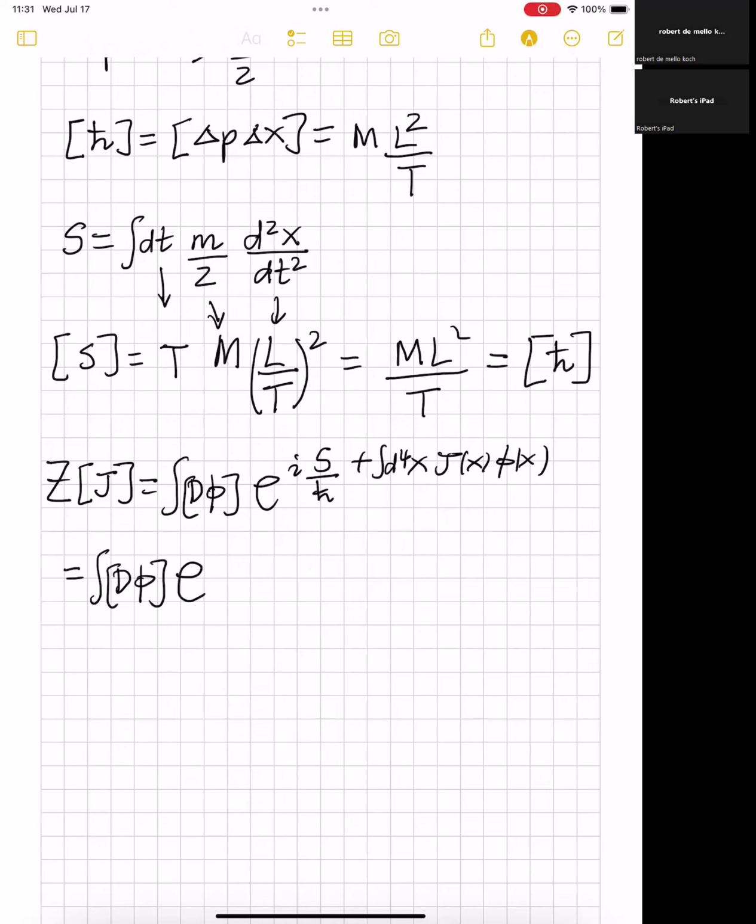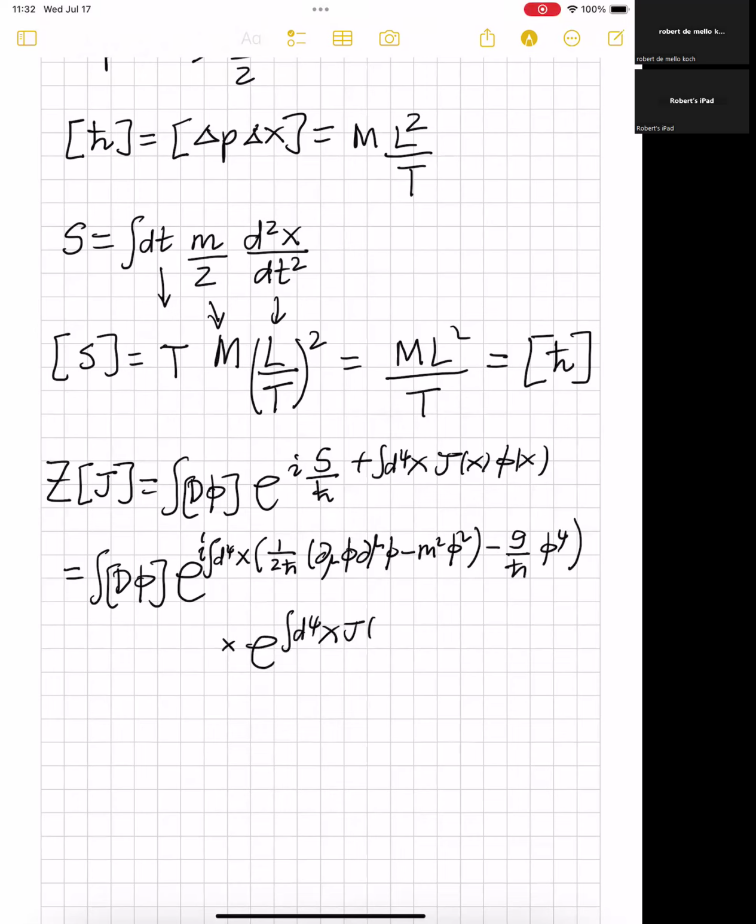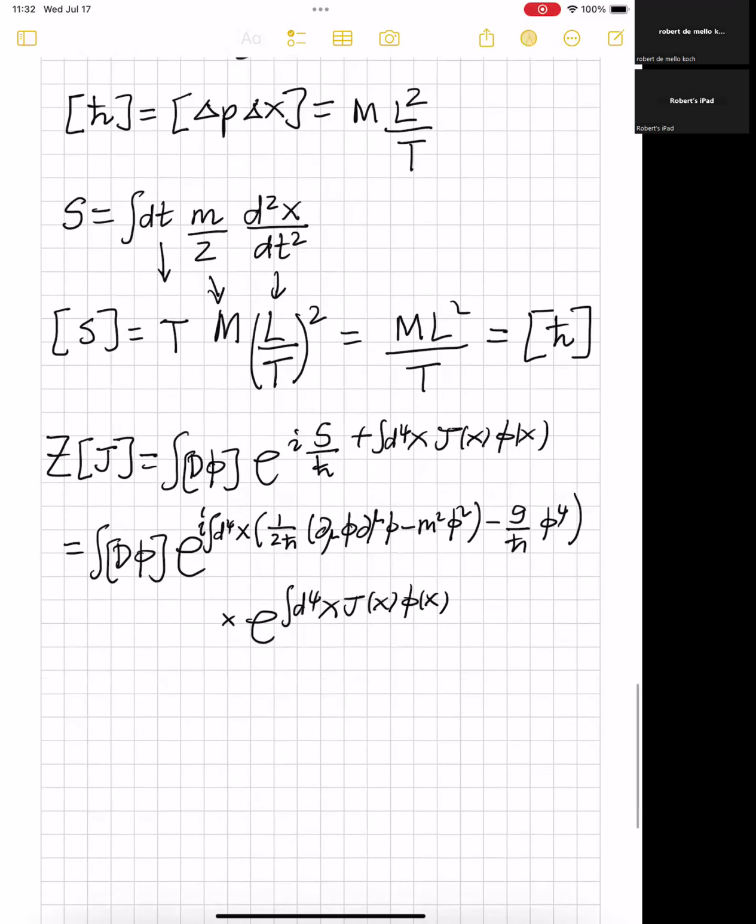Those are the kinetic terms. And then, let me not forget the i, we'll also have minus g, this is also over h bar, phi to the 4. And then we have that second exponential, integral d4x, J of x, phi of x, and we didn't touch that second exponential.